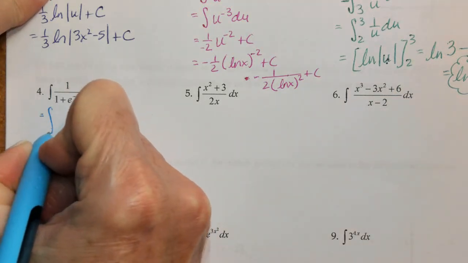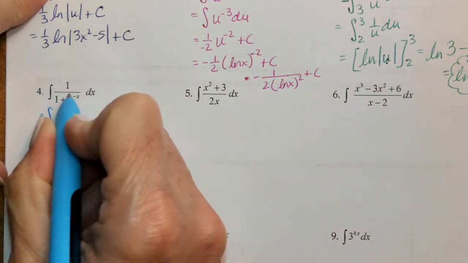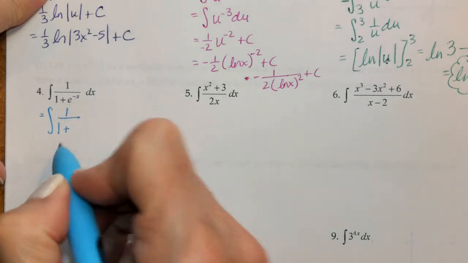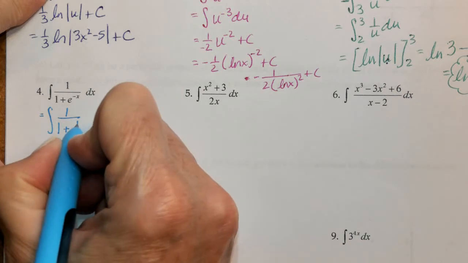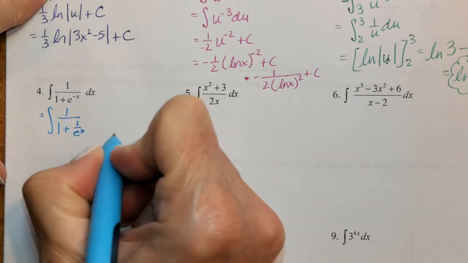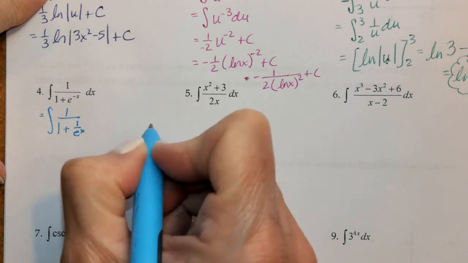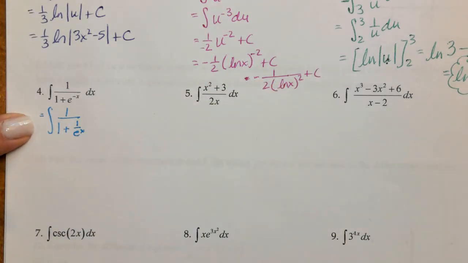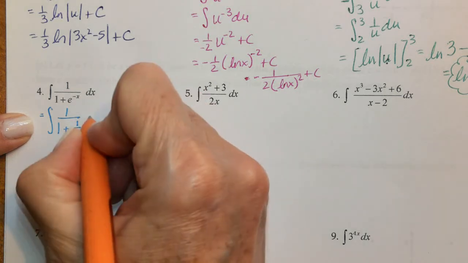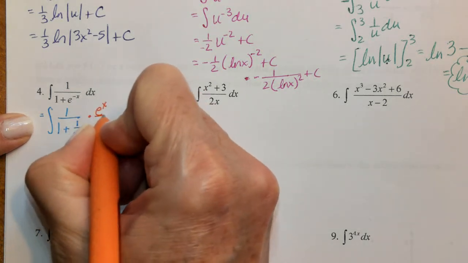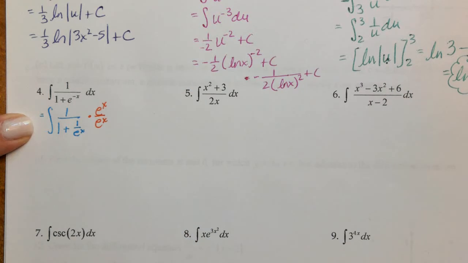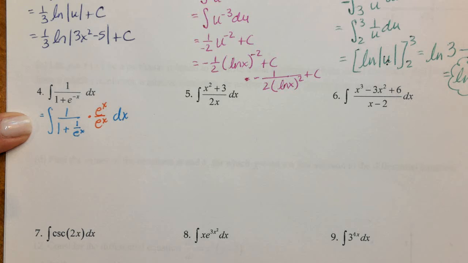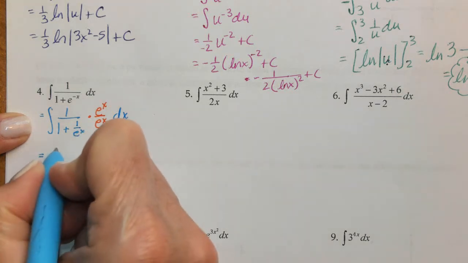I could rewrite this as 1 over 1 plus, instead of having e to the negative x, I could write 1 over e to the x, right? Then it might hopefully be more obvious what I'm going to multiply top and bottom by. I'm going to multiply top and bottom by e to the x. I'm still going to have that dx there.